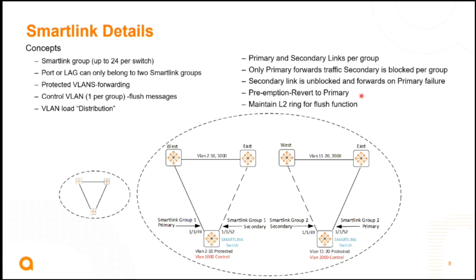That means if after a failure the primary link comes back up on either side, then we can switch back to that primary link. That might be because that link is of higher bandwidth, a more favorable link, so you want to preempt back to those. A very important thing is we need to maintain a layer 2 loop, a ring effectively, because the control VLAN needs to be able to flush packets when a failure occurs.